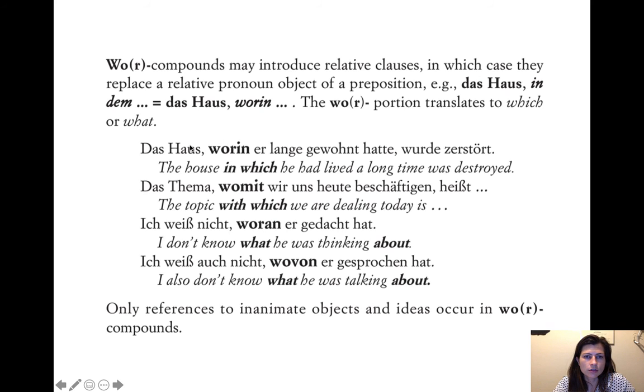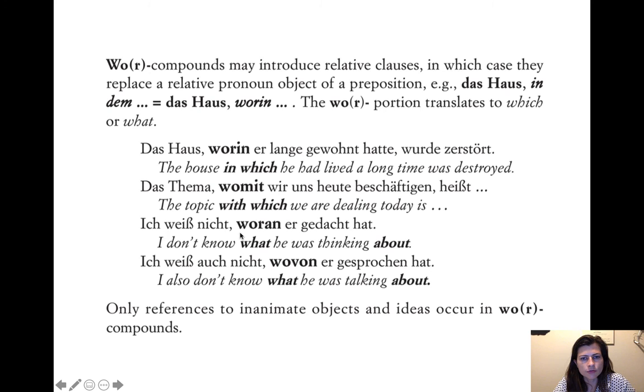Das Haus, worin er lange gewohnt hatte, the house in which, versus das Haus, in dem er lange gewohnt hatte, it means the same thing. It would have the same translation, in which. And then das Thema, womit wir uns heute beschäftigen, the topic with which we are dealing today, womit, with which. But you could also say das Thema, mit dem wir uns heute beschäftigen. It would mean the same thing.